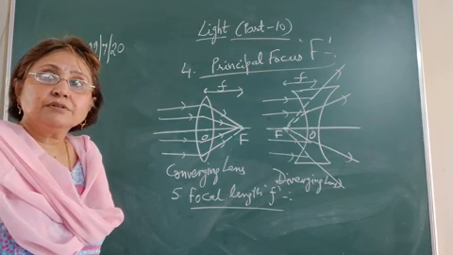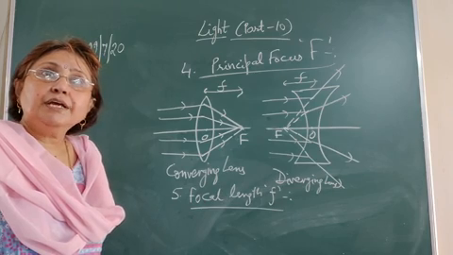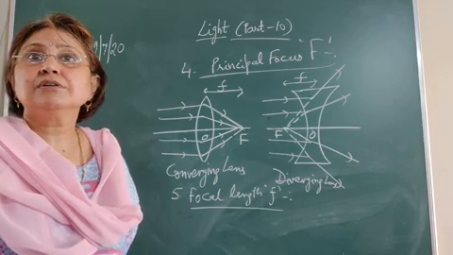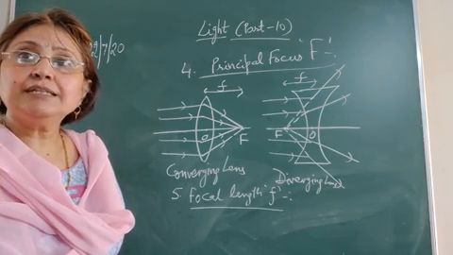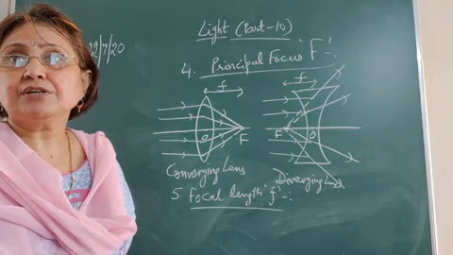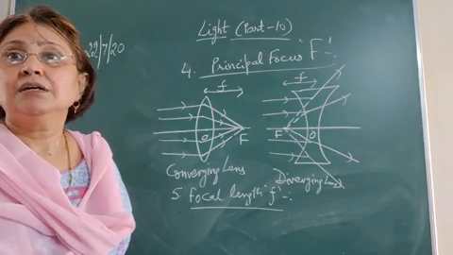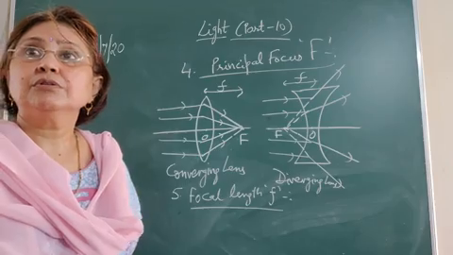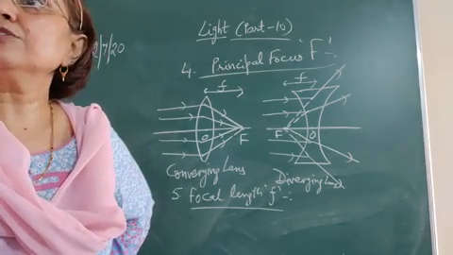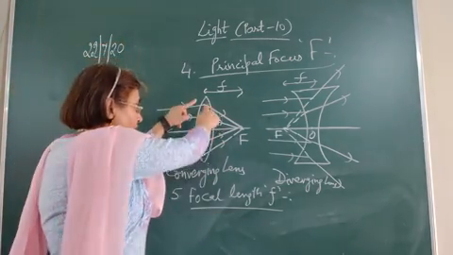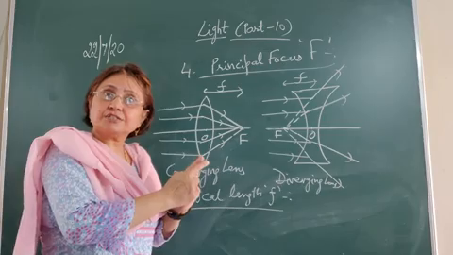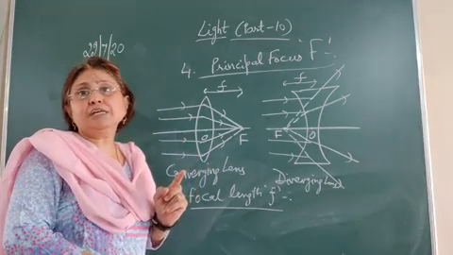Okay, in case of spherical mirrors, we have seen that the focal length is half of the radius of curvature, but here it is not so. Here you can't say that the focal length is half of the radius of curvature, because these two surfaces may not be equally curved.